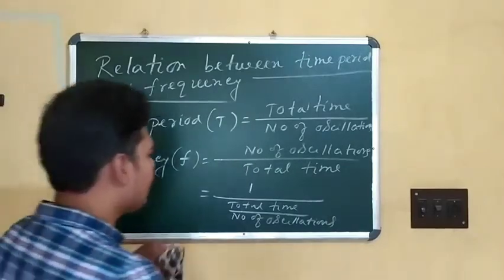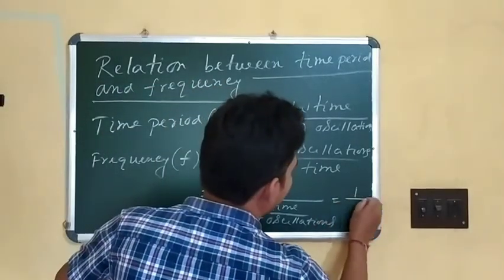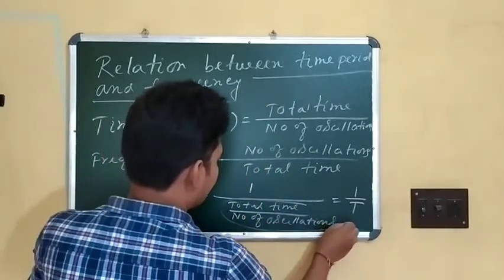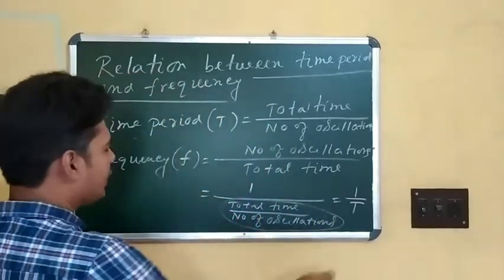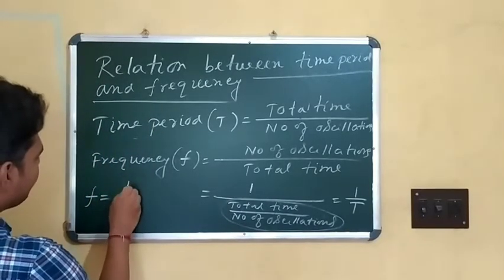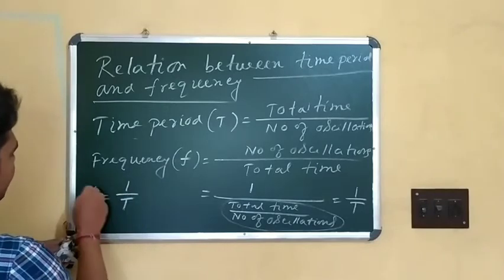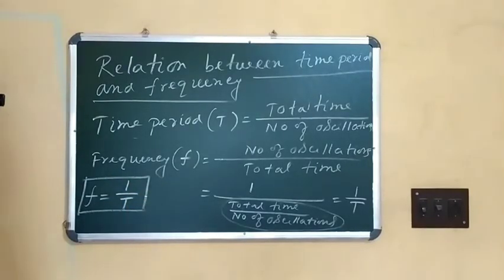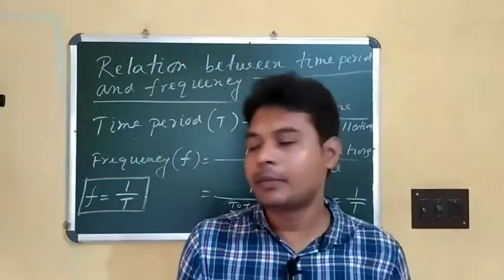Okay, that means 1 by T, that is the time period, 1 by T. That means the formula is small f equals 1 by T. I hope all of you understood up to this.